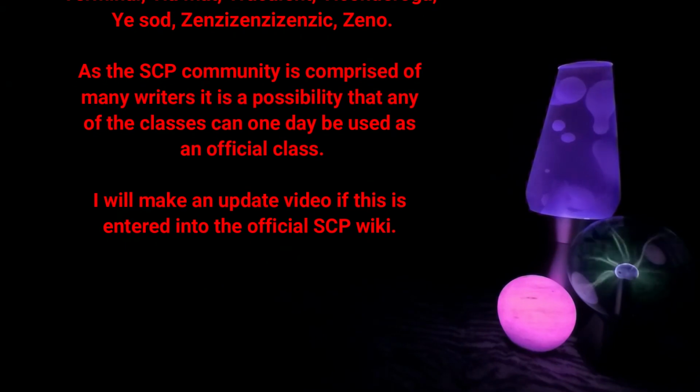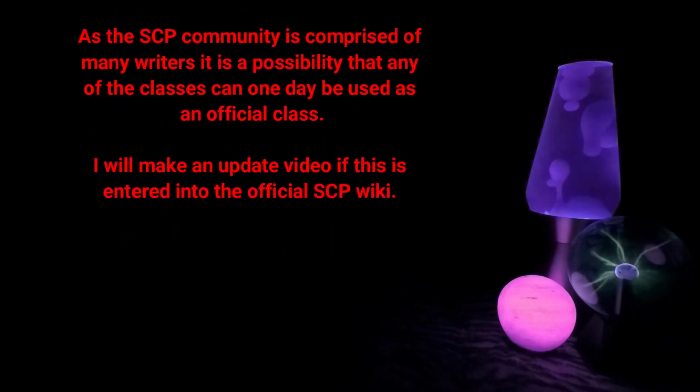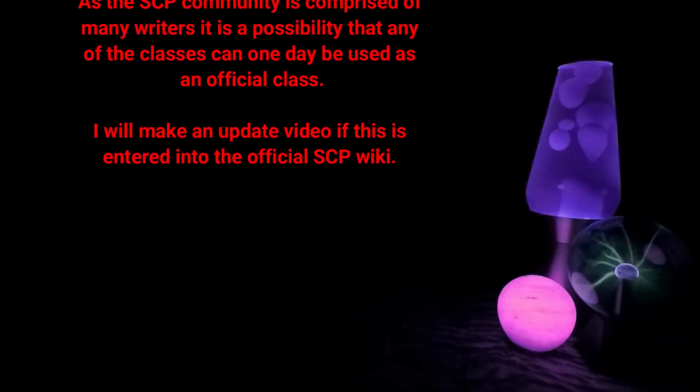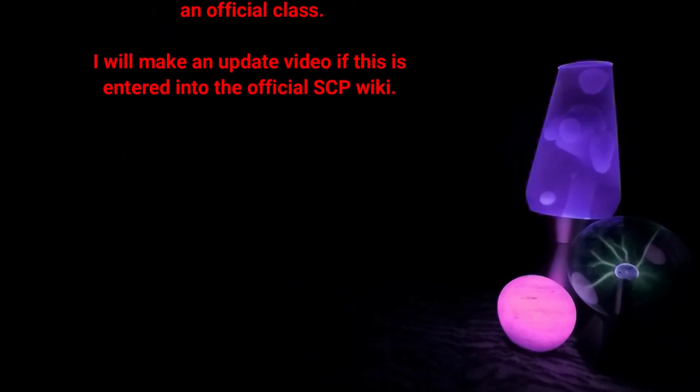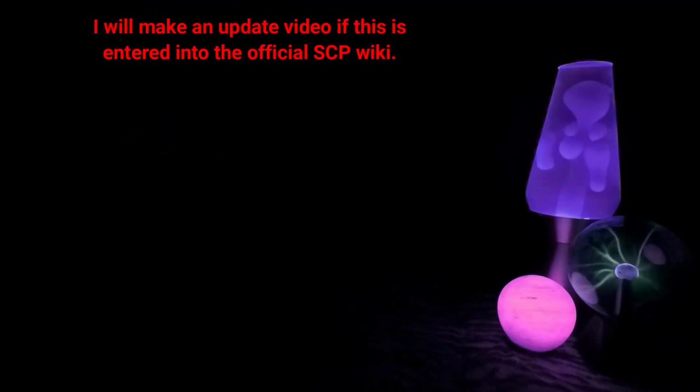As the SCP community is comprised of many writers, it is a possibility that any of the classes can one day be used as an official class. I will make an update video if this is entered into the official SCP wiki.